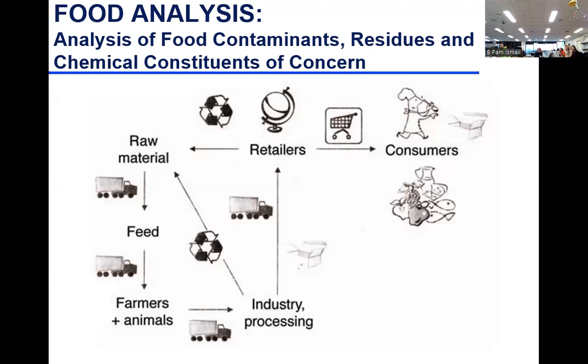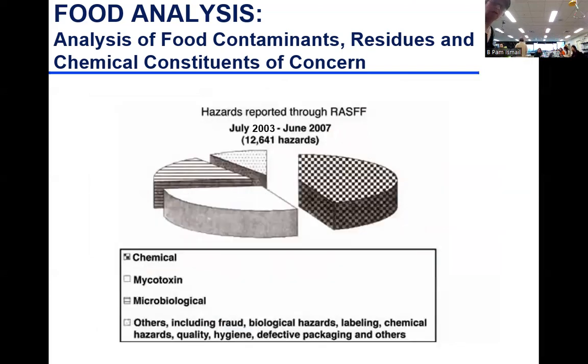What else we didn't talk about? Fungus, what do they produce? Toxins, mycotoxins. This is a big contamination. So this is a very old one. I should update it sometime. But if we look at this pie, this represents different hazards that were reported in a 4-year period.